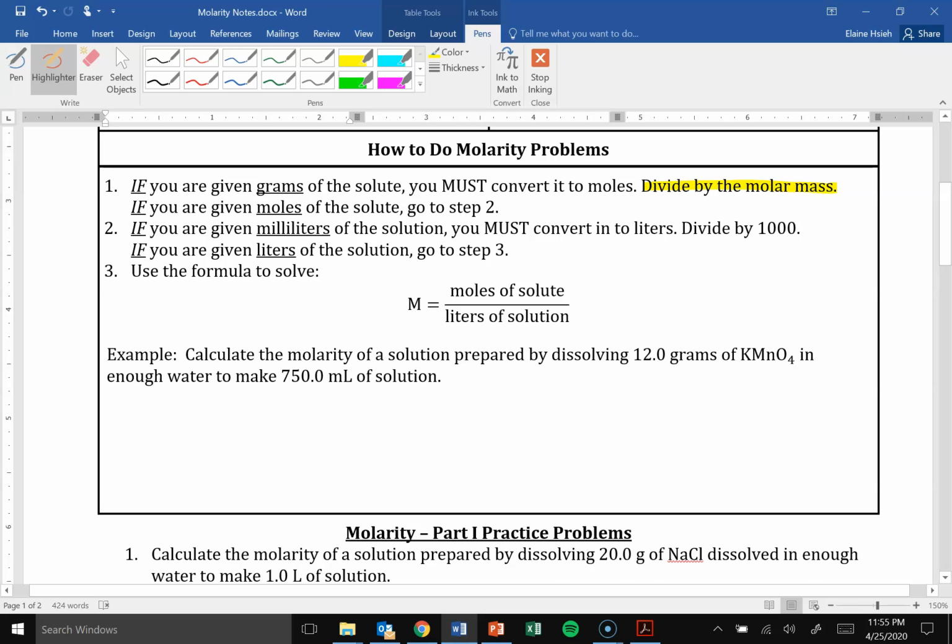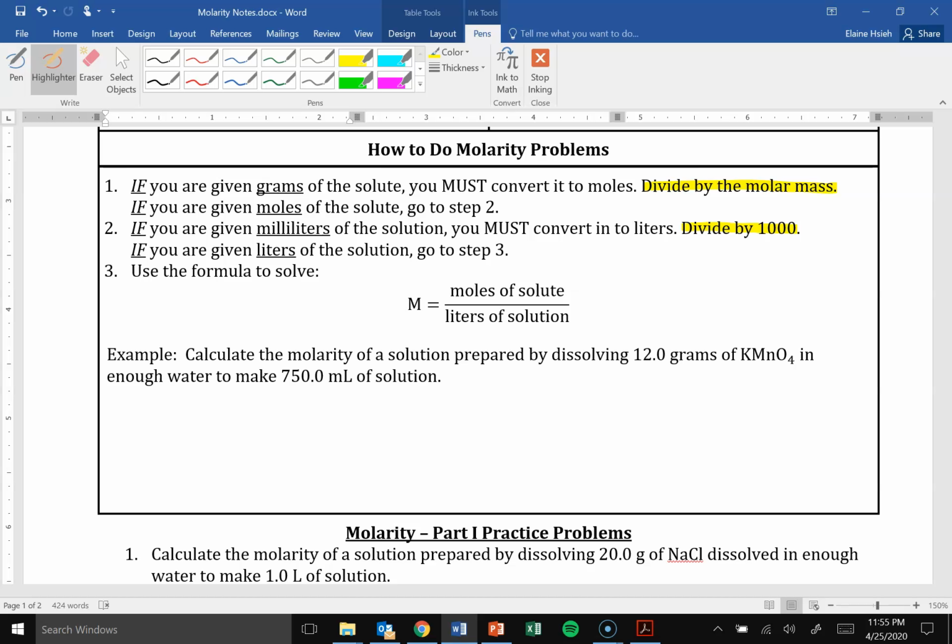Now, if the amount of solute that you are given is already in moles, then great, you can skip on to the next step. Step 2 says if you are given milliliters of the solution, you must convert it to liters. And you do that by dividing the milliliters by 1,000. Now, if you are already given liters, then great, move on. Third step, use the formula to solve.